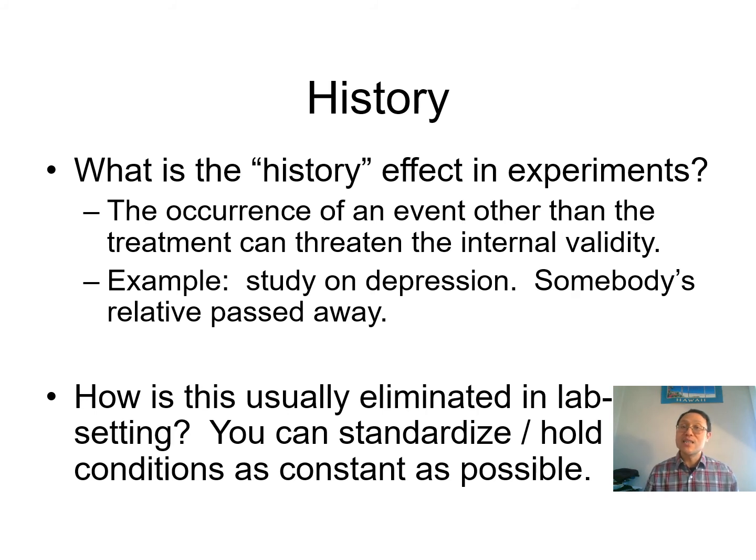So let's say, for instance, someone they love passed away, and this can be a huge effect on their happiness level, and therefore it is going to strongly affect their depression score, right? So this is something that history can really influence in the internal validity.